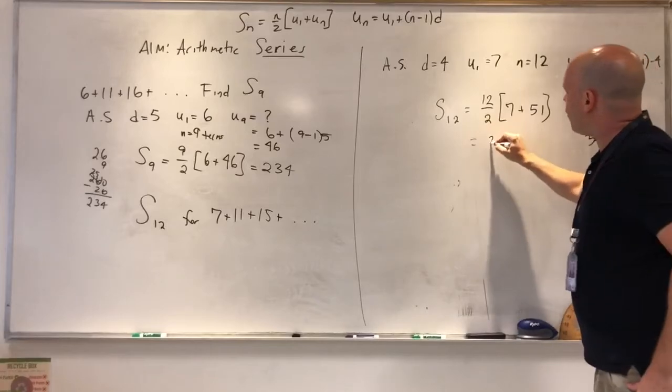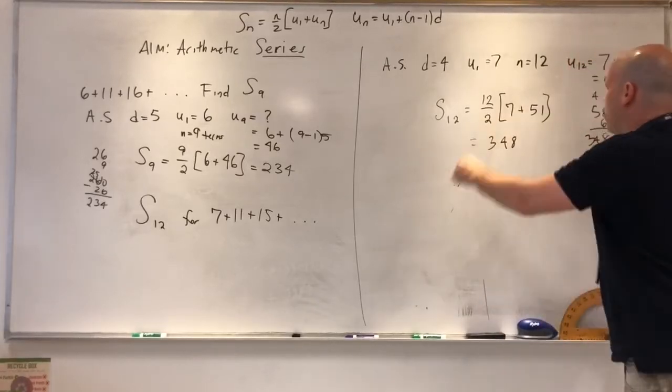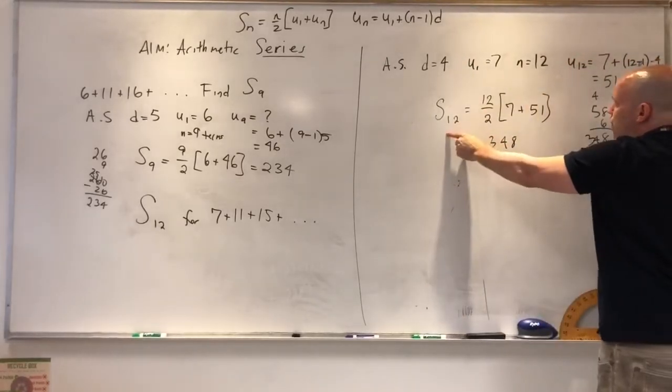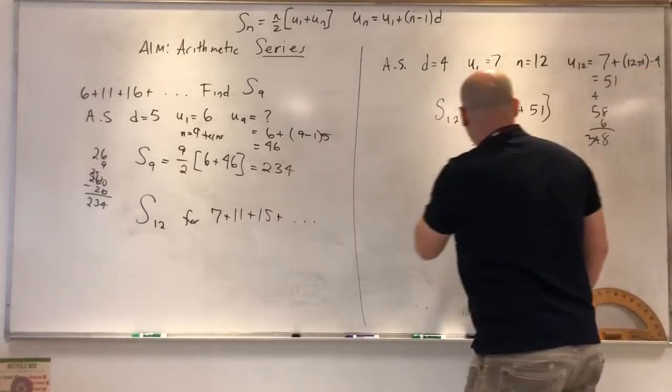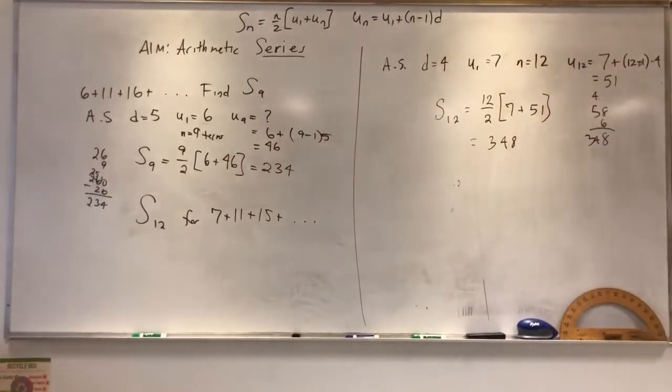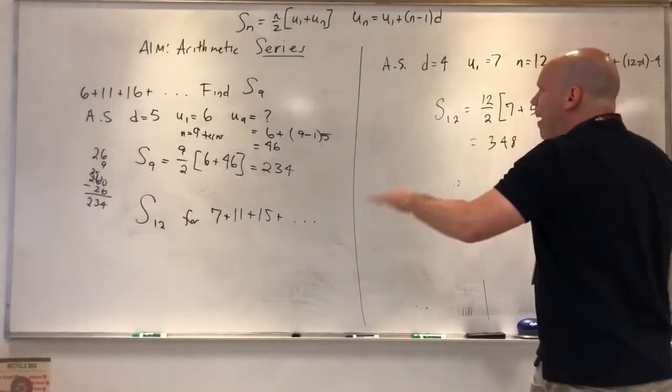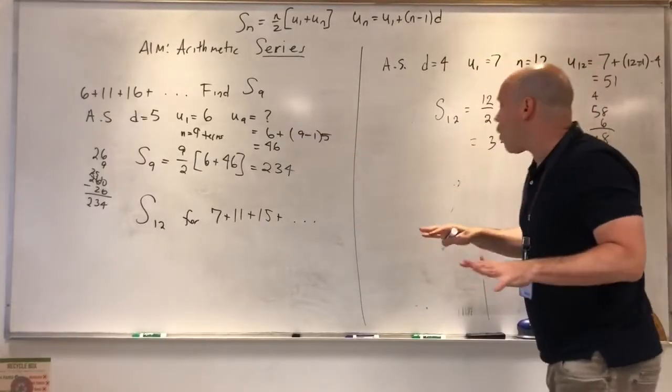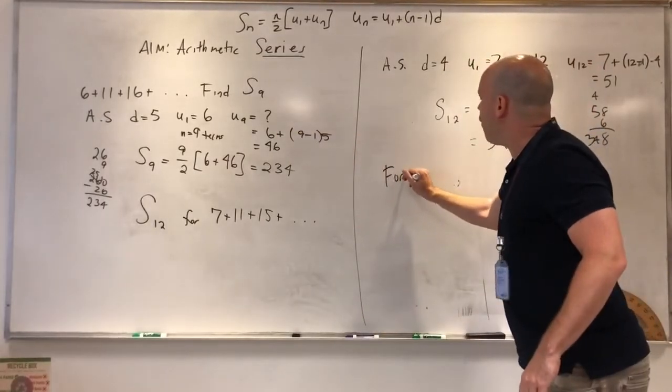Final answer, 348. The sum of the first 12 terms of the sequence is 348. Last thing we want to talk about, there's another formula which might make these last 2 problems a little easier. So this is formula 2.